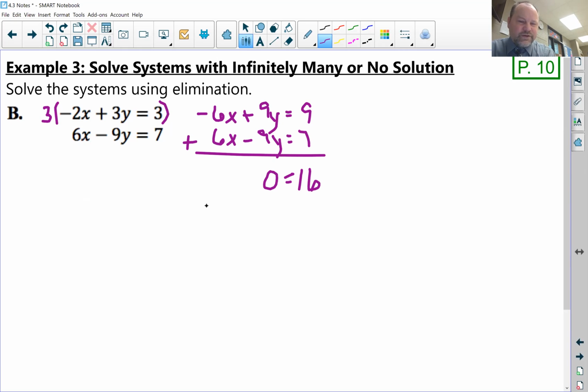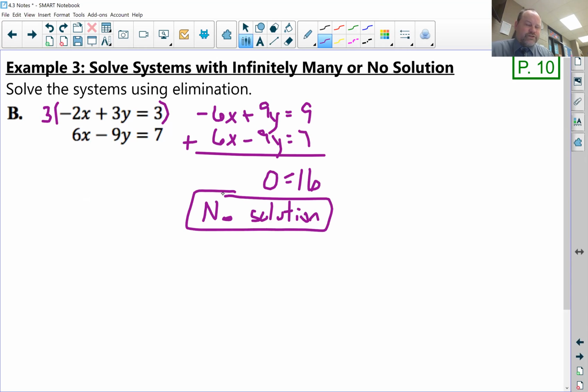So this is one that has no solution. In other words, the two original equations, if we graph them, would be parallel lines.